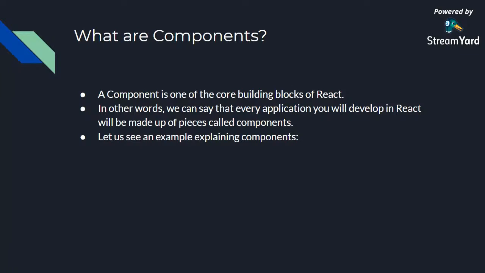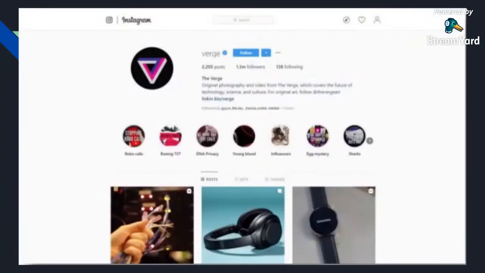In React, the application is built via components. It is advised to have different components for different functionalities. We can also say that every application that you will develop in React will have pieces of code which are called components. Let's see what I mean. As you can see on the screen, this is an Instagram page.